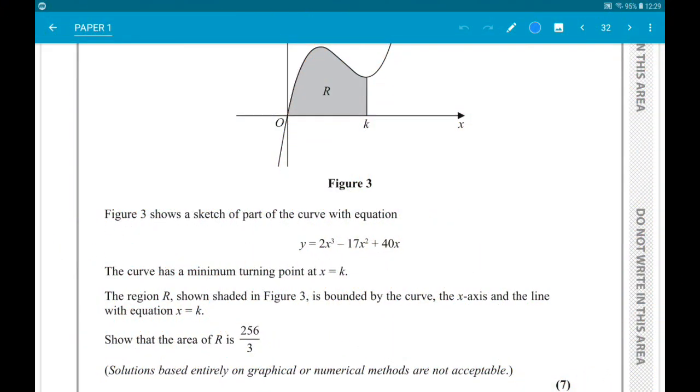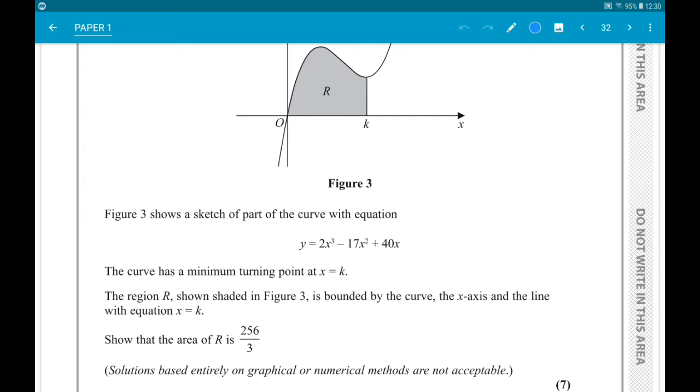Next up, we have part of the graph of y equals 2x cubed minus 17x squared add 40x. The curve has a minimum turning point at x equals k. The region R is bounded by the curve, the x-axis, and the line x equals k. We want to show that R has an area of 256 thirds.